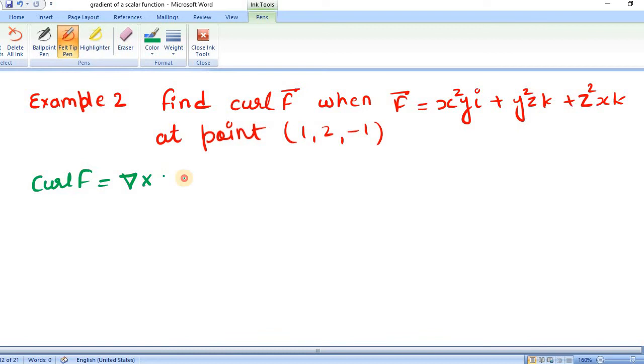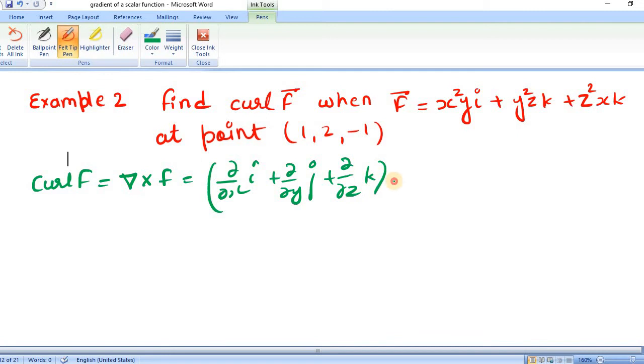This is del cross f. This is written as del upon del x i plus del upon del y j plus del upon del z k, and this is multiplied by x square y i plus y square z k plus z square x.